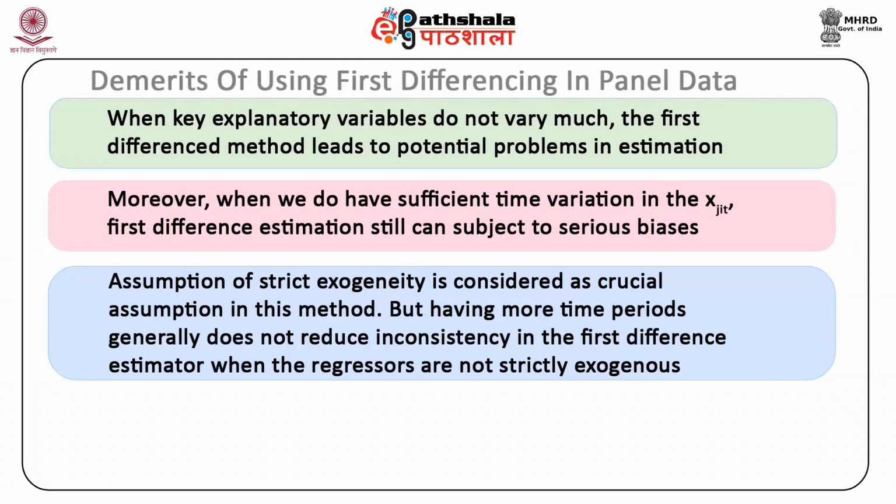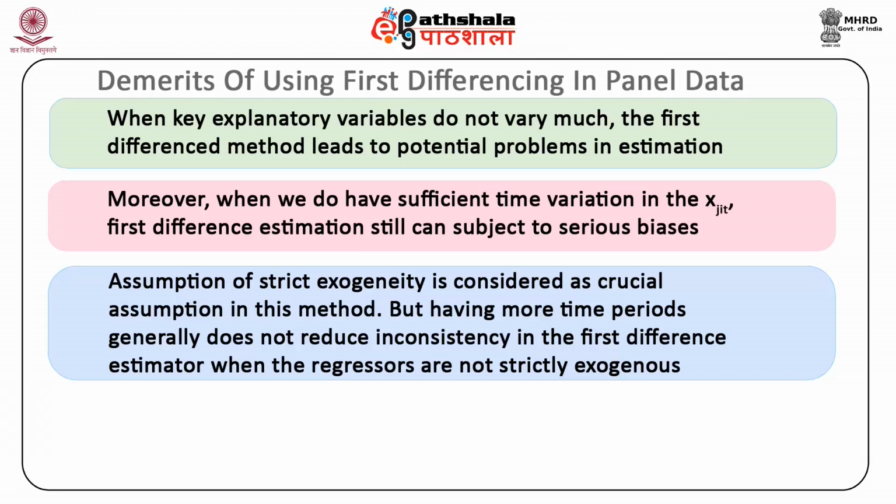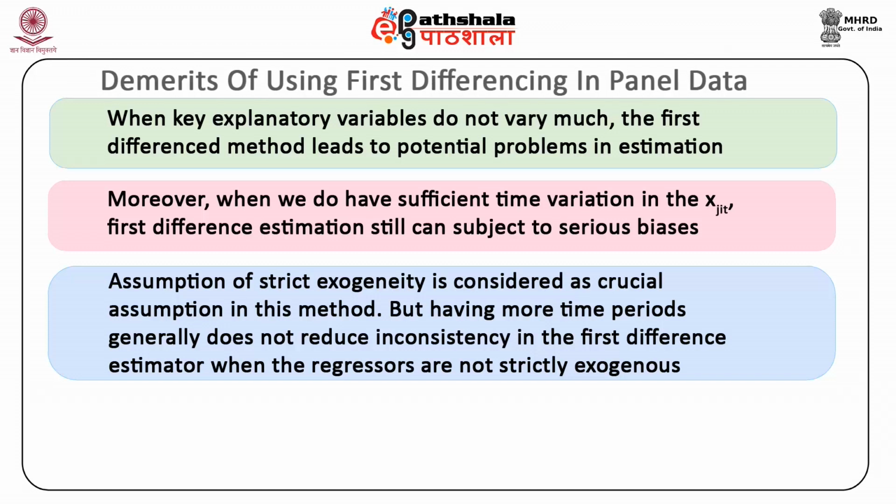Assumption of strict exogeneity is considered a crucial assumption in this method. But having more time periods generally does not reduce inconsistency in the first difference estimator when the regressors are not strictly exogenous, for example, if y_i,t-1 is included among the x_jit.